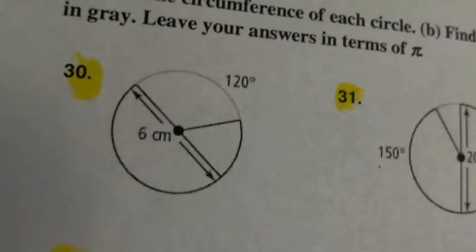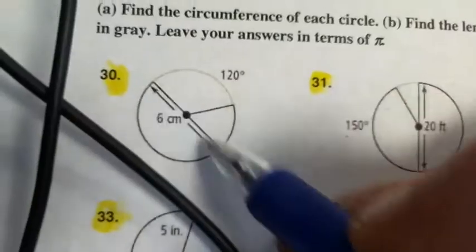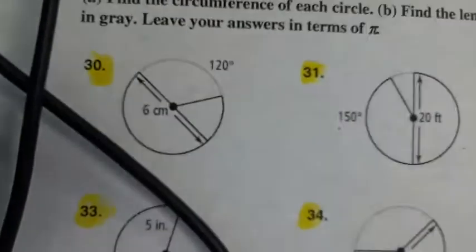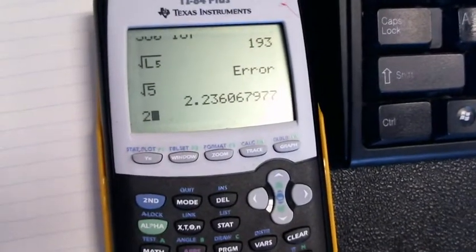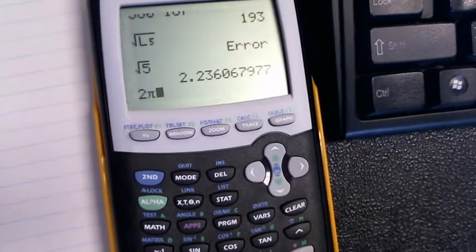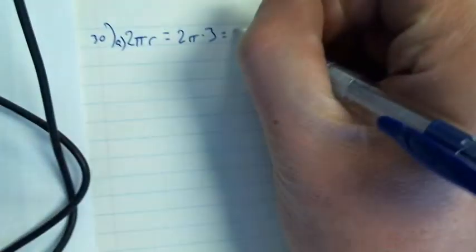All right. So circumference is 2 pi r. And our radius, if 6 is all the way across, our radius is 3. That's 2 pi times 3, 18.85.